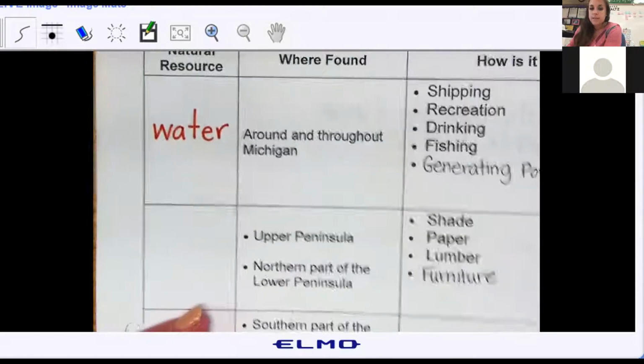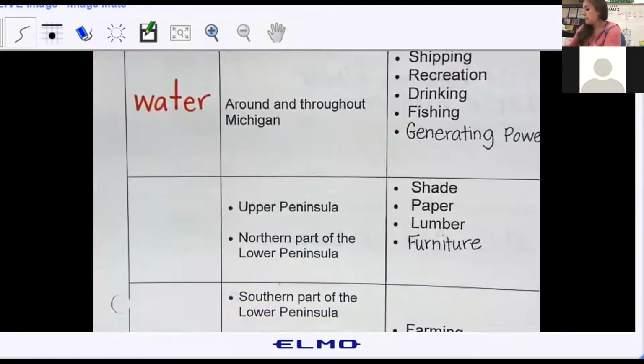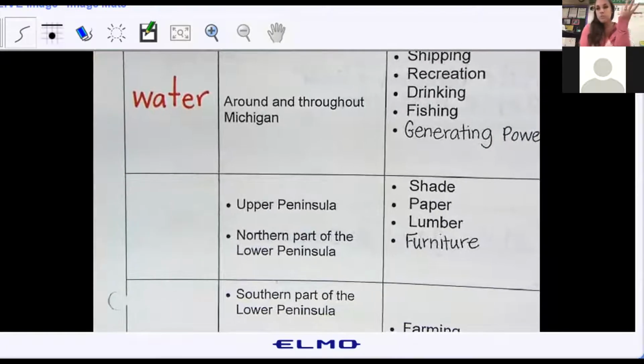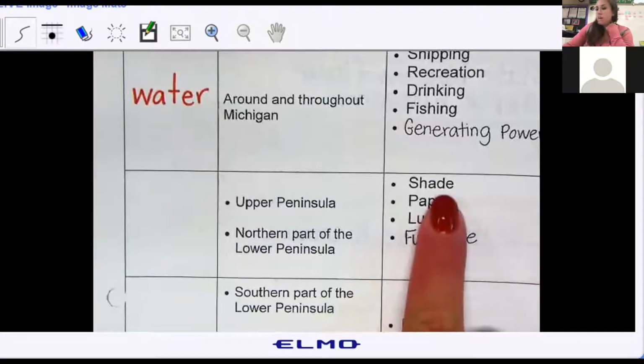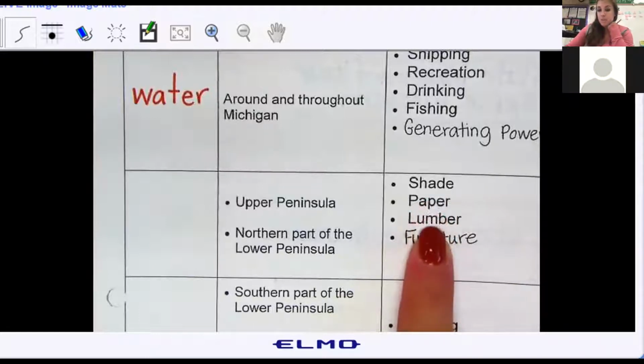All right, now I want you to take some time thinking about the natural resources we've talked about and see if you can figure out what the next one is. So what resource do we get shade from? Do we get our paper from? Do we get lumber to build things like houses and doors and desks and make other types of furniture?